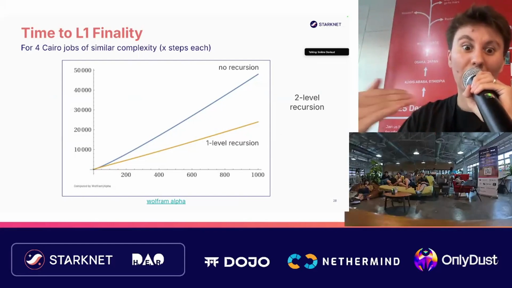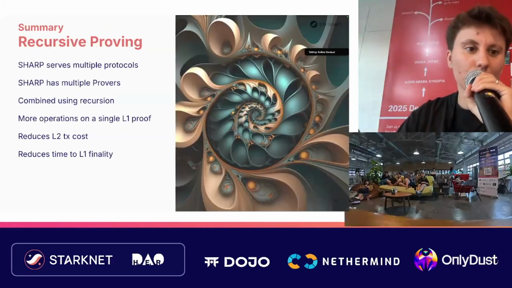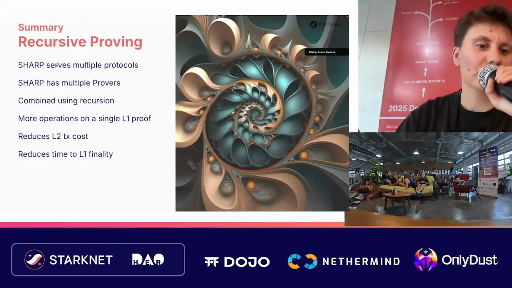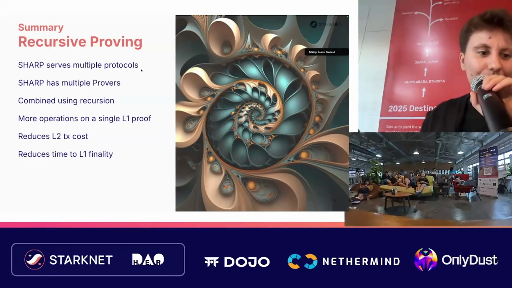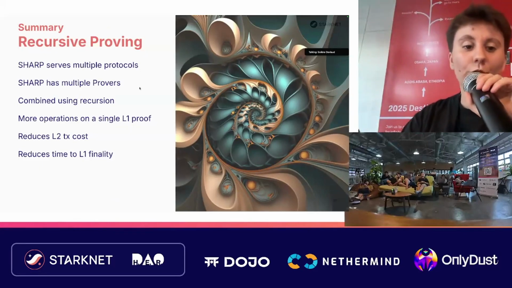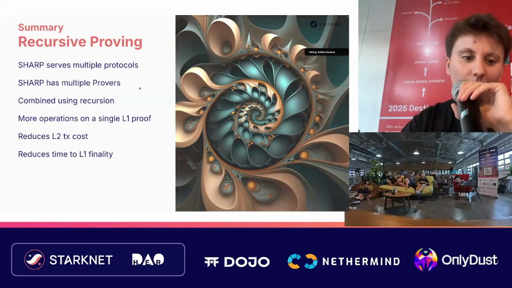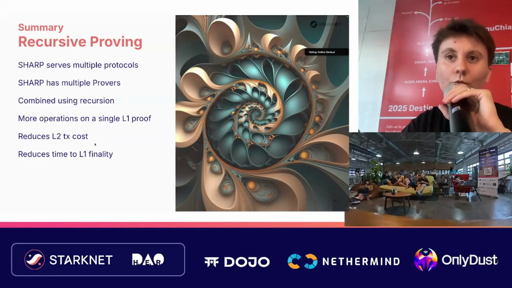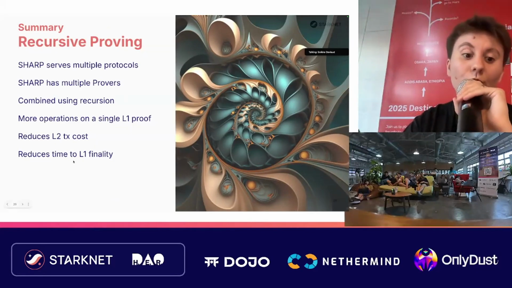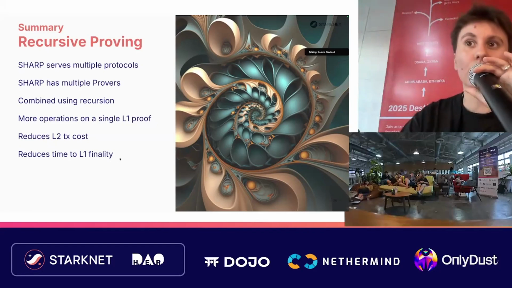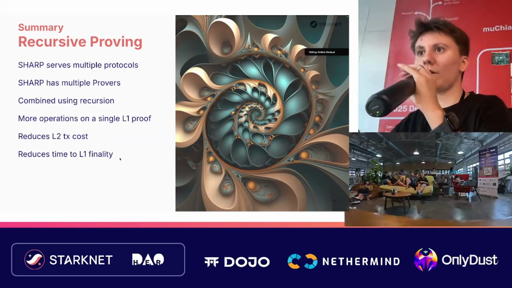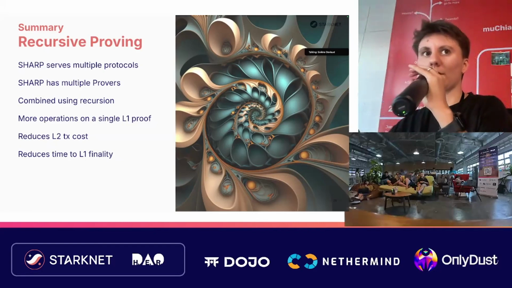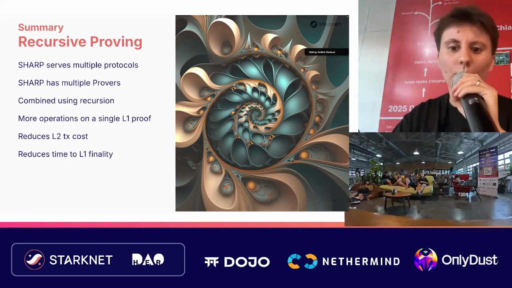So just to summarize, Starknet is using multiple protocols, and with recursive proving you can reduce the layer two transaction cost and reduce the time of the layer one finality. The layer one finality is when the validity proof is generated and validated on the Ethereum network.